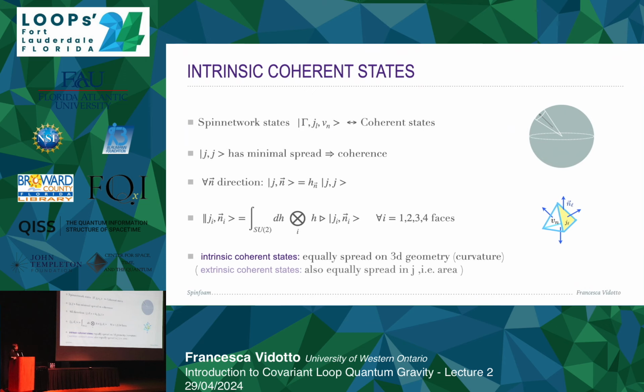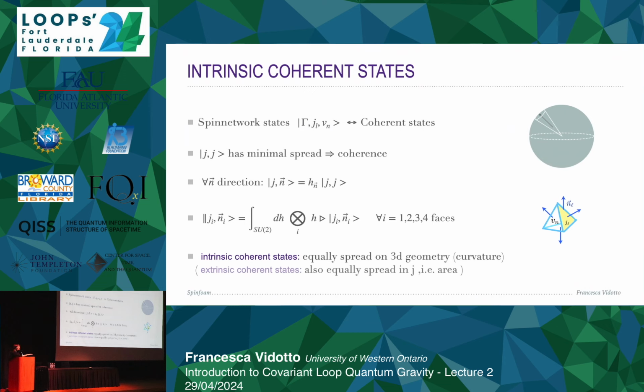But in both cases, I would like to anticipate a bit what will come next, because these states will be the ones with which, for instance, we will compute transition amplitudes. And I was saying, really, the idea is that let's try to do things operationally.